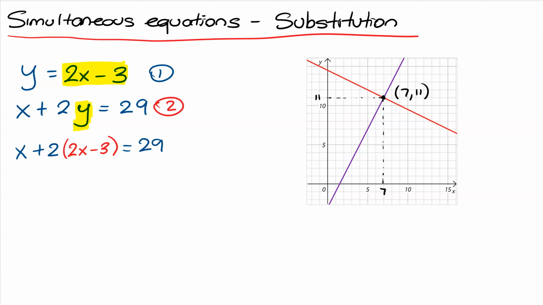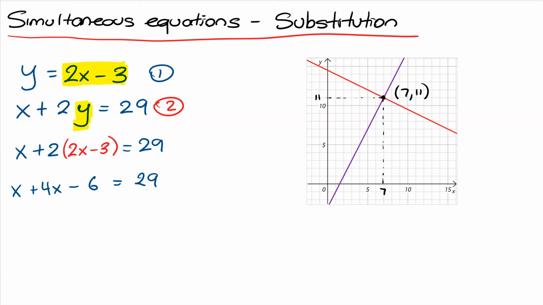And now I can just expand and simplify it because I'm solving for x. So I will get x plus 4x minus 6 equals 29.